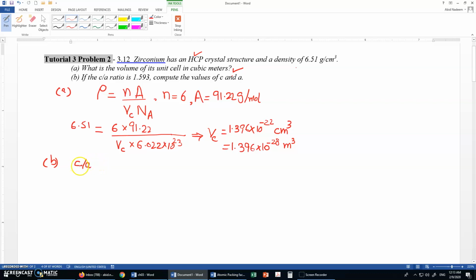C is the height, A is the length of the side. It is given here as 1.593. For ideal HCP structure, the value of C over A is 1.633.